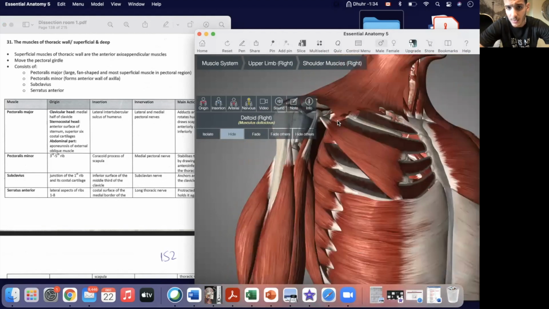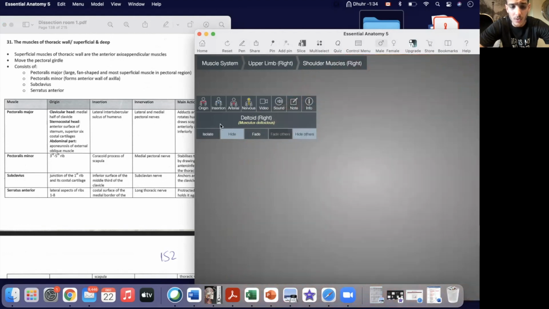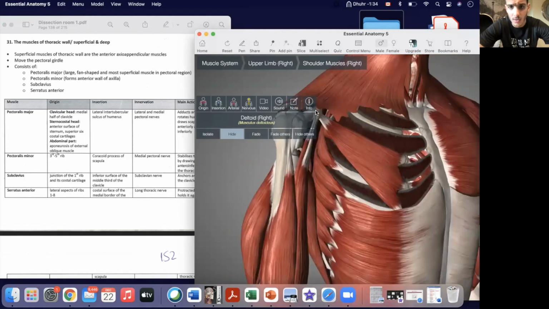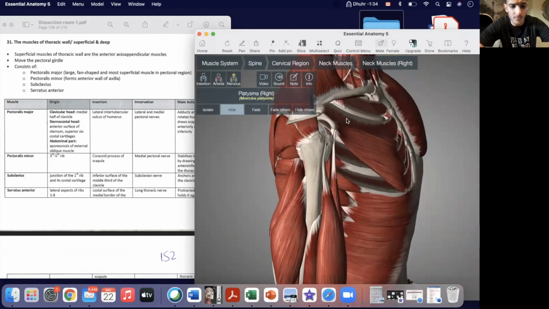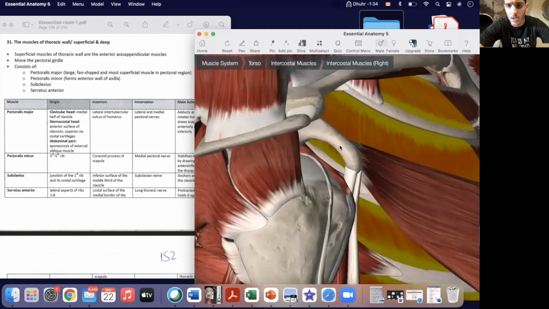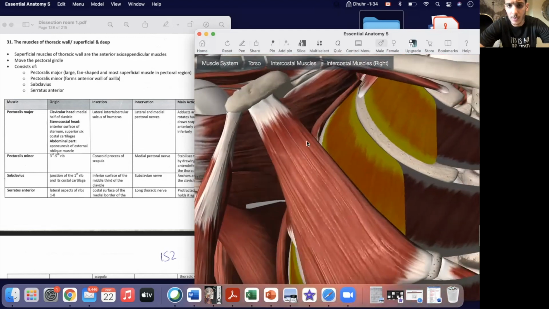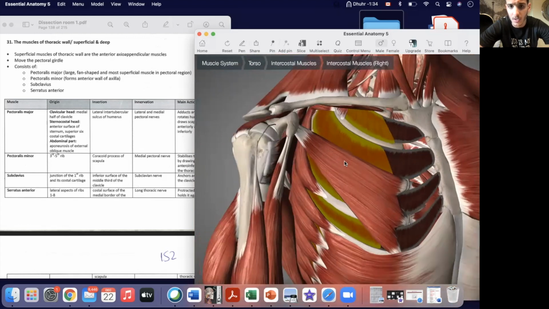You see that the coracoid process of the scapula is the insertion point of this muscle. Let's hide this one, and then we'll dive into it here. So that's the scapula, and that's the coracoid process of the scapula, and that's where the pectoralis minor inserts.